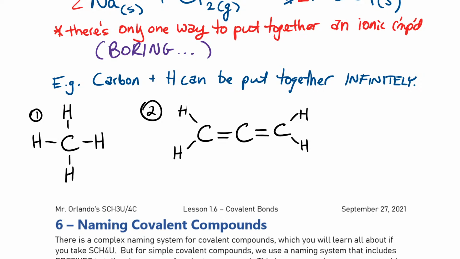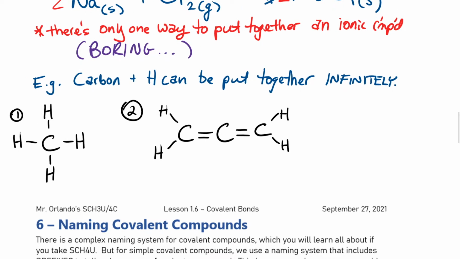Is everything following the rules? This carbon is making 1, 2, 3, 4 bonds. That looks good. This carbon is making 1, 2, 3, 4 bonds. So it's cool. This carbon's making 1, 2, 3, 4 bonds. So it's cool, and every hydrogen's just making 1. That's a perfectly reasonable compound.